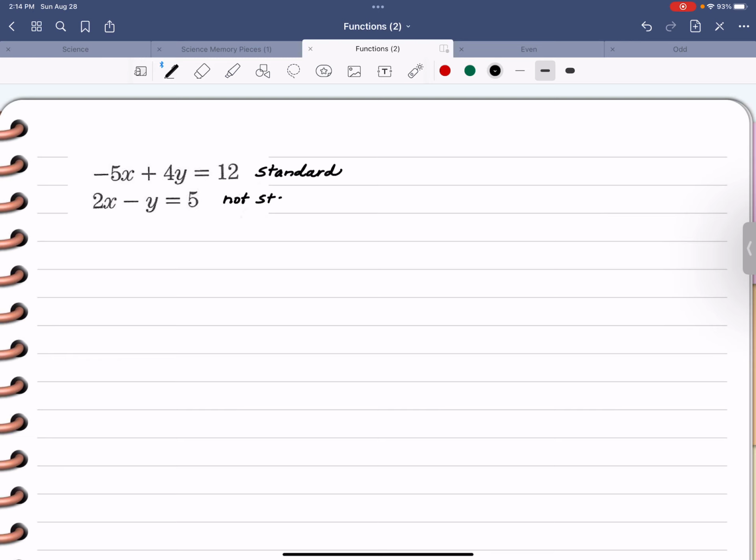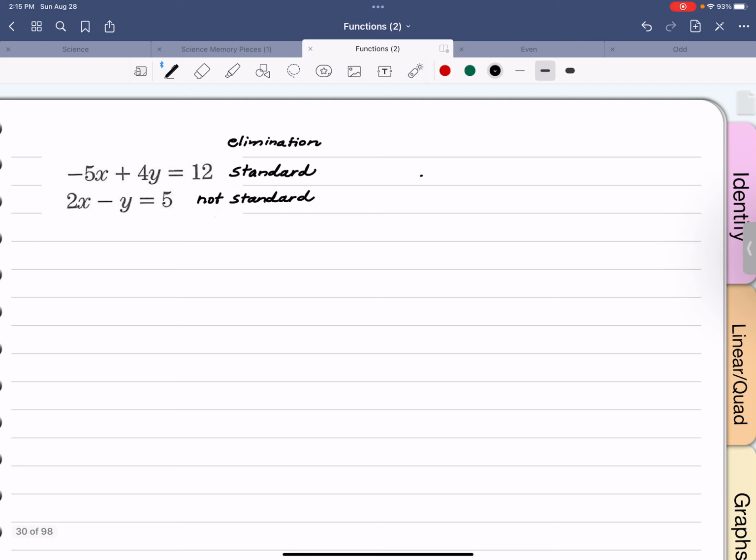It's not anything that I recognize as a normal form. In this particular case, the best method is elimination, because we have that single y. We need it to match up with this y. We already have a positive 4. If I can get a negative 4 down here, we're in business. So that's how I'm going to approach this one, using the elimination method.